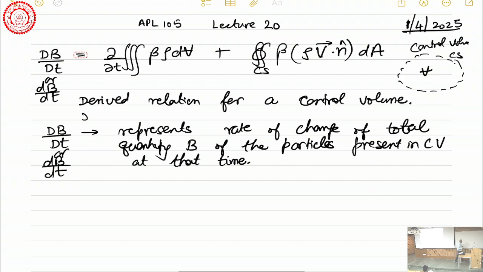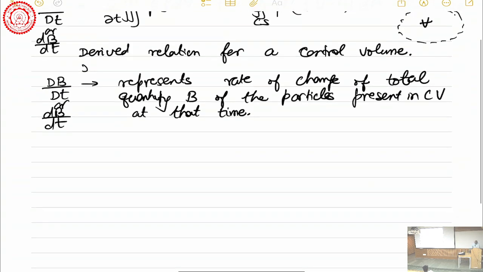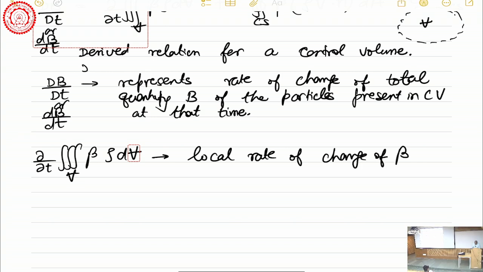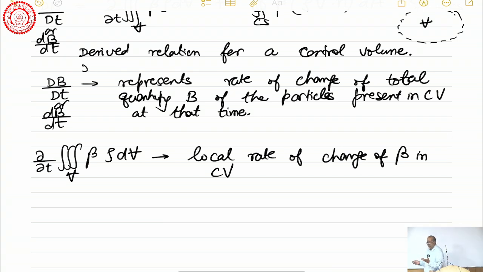Okay? Now the first term on the right hand side is partial by partial t of the volume integral of beta rho dV. This is the local rate of change of beta in the control volume added up for all the particles in the control volume.